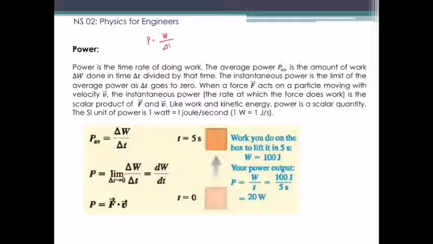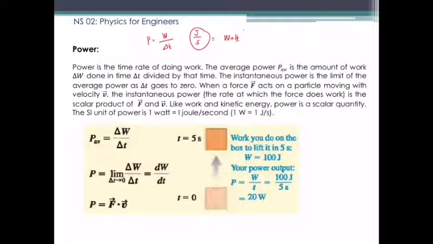So delta t. The power is the time rate of doing work, so that your power is in joules per second. The unit joule per second is the unit watt. 1,000 watts is 1 kilowatt.